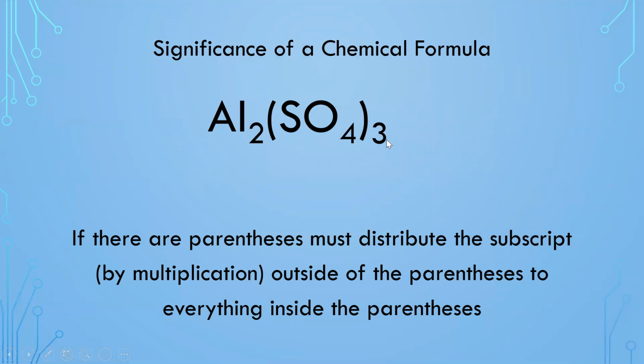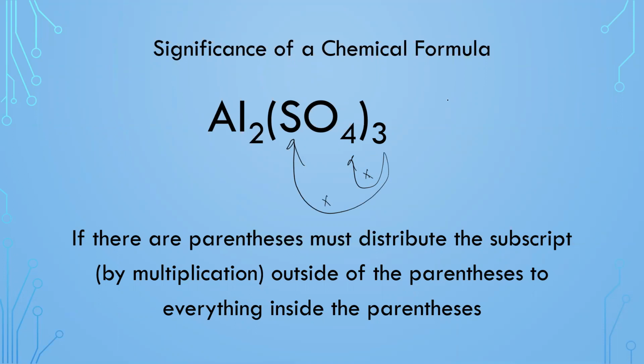So this 3 would have to be distributed to the O and to the S, and that's it. This parenthesis is kind of like the wall that stops it. In this case, let me get my pen. We have a 3 on the outside, so we're going to multiply it to the S, to the O, and then we're also going to multiply it to the S.